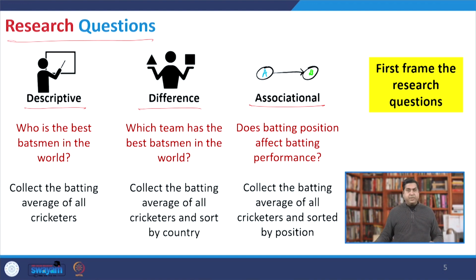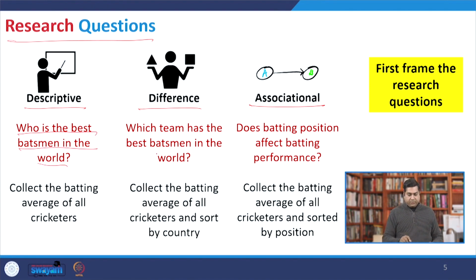Here I am taking one example which is not from the architecture or planning domain, but for easy understanding we are talking about something related to batsmen in cricket. If we go for descriptive, the question is who is the best batsman in the world, right.